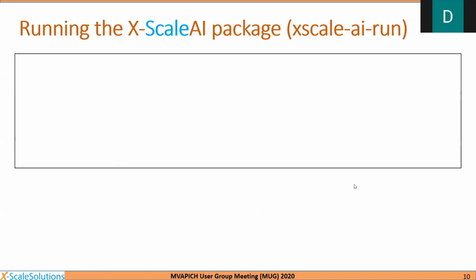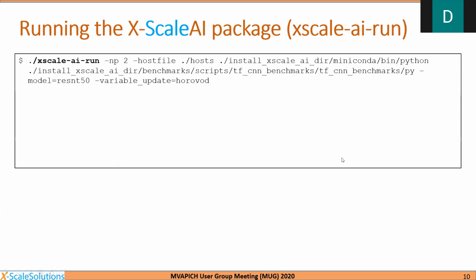The next one shows you a simple way to run this. This is the command you use to run with our software stack, as well as the DI tools inside. The command looks similar to mpirun, but this job launcher will enable not only the whole software stack, but also the DI tools we provided inside.